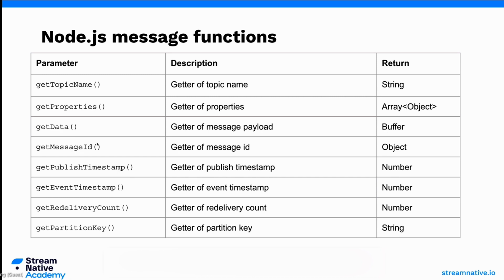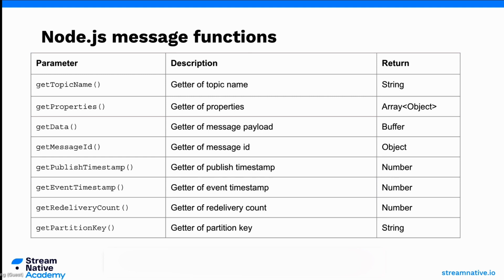Or you can get a message ID, a published timestamp, an event timestamp, and even a redelivery count. Check if the message is being redelivered and how many times it has been redelivered, right? So you can use this to check. If it's been delivered 3 times and I still cannot process the message payload, then I can send it to the dead letter topic later, right?